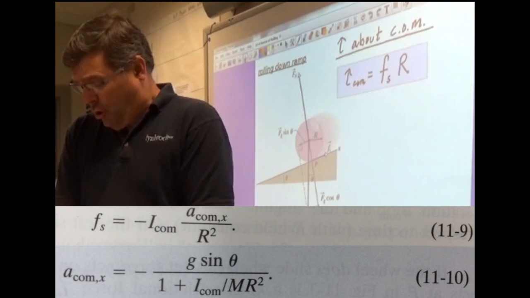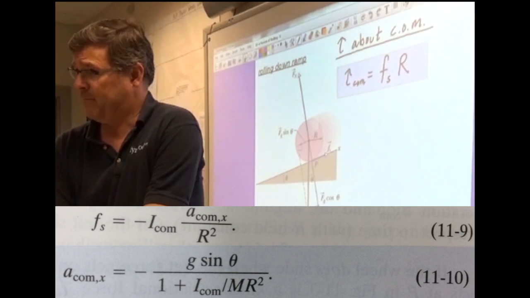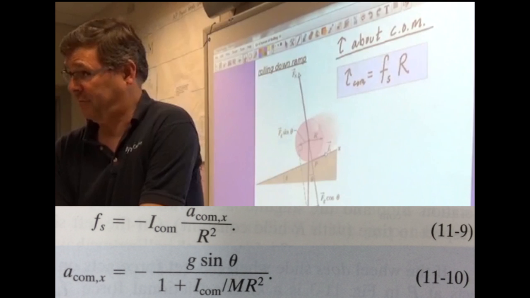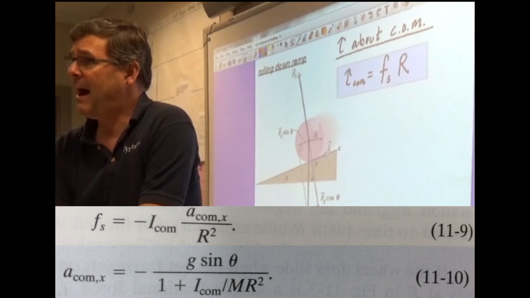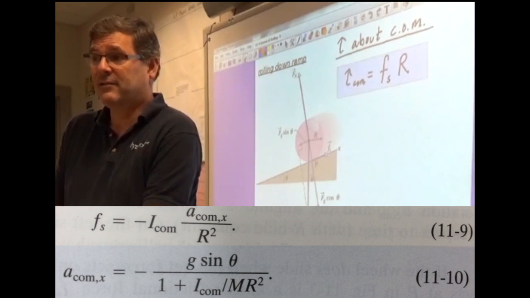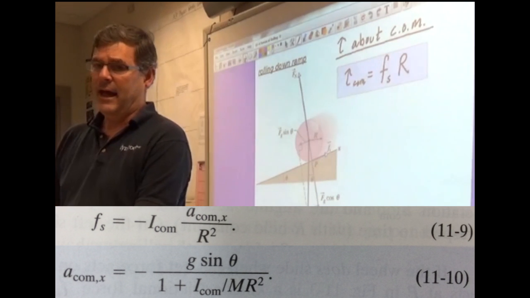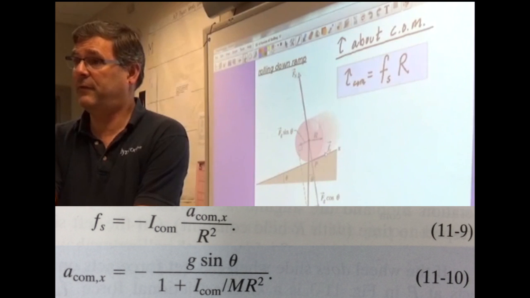Now, the frictional force, let's not forget, it says Fs, but that is not necessarily Fs max. It depends on how steep the ramp is. The frictional force is going to vary. It's going to be some number between 0 and Fs max, and we don't know what it is. But with this equation, we can figure it out.